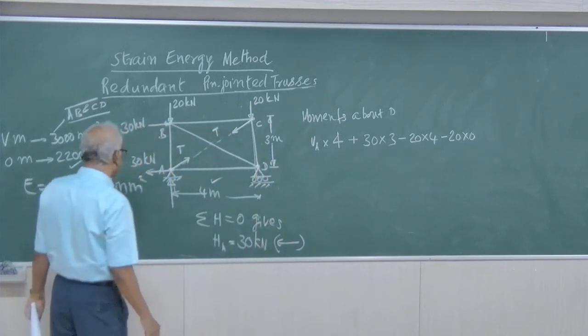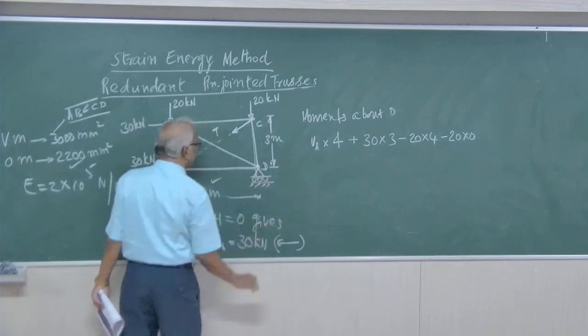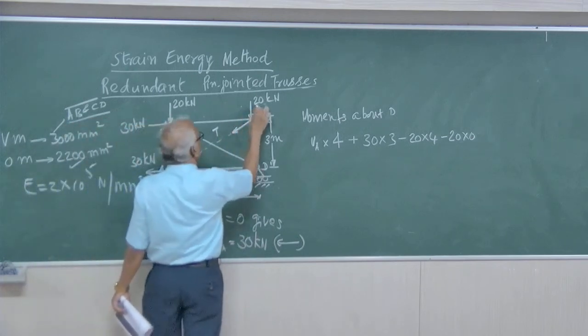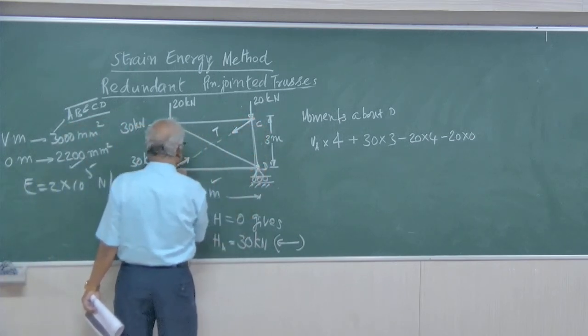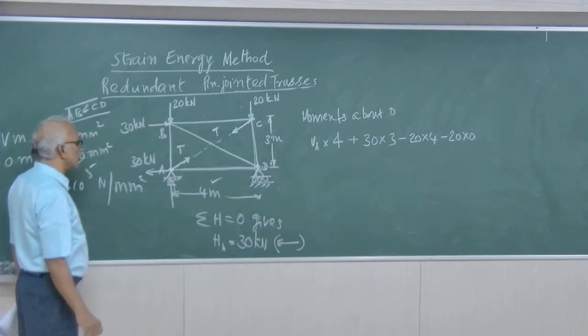I think we have considered all the forces, and similarly this horizontal reaction passes through the point D, that also will not cause any moment. So this 30, this 20 will not cause any moment, because both, when extended, pass through the same point. So the perpendicular distance equals 0.